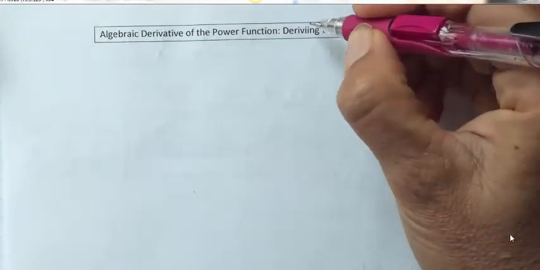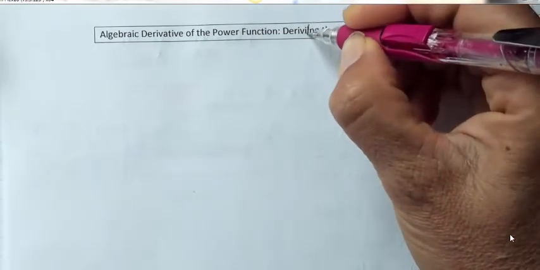Okay, so we're going to now look at doing the algebraic derivative of a power function. And when I do this, I'm going to show you that it takes a really long time to always do it this way. So instead we're going to derive the power rule.